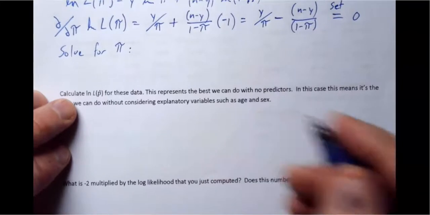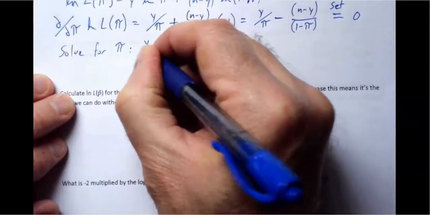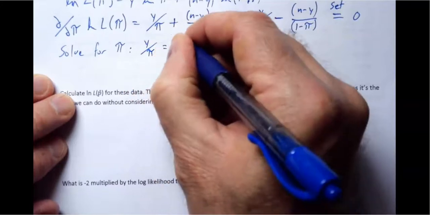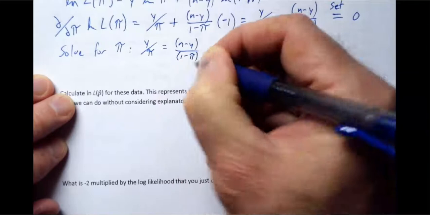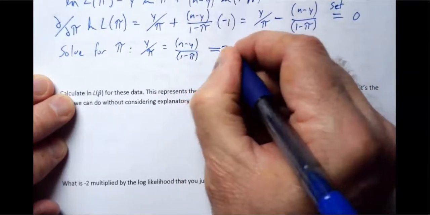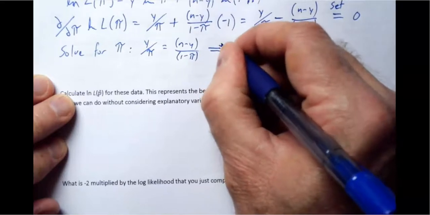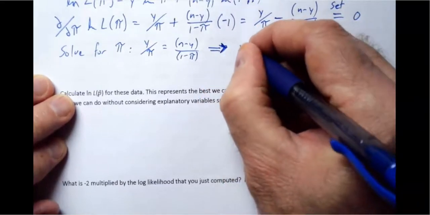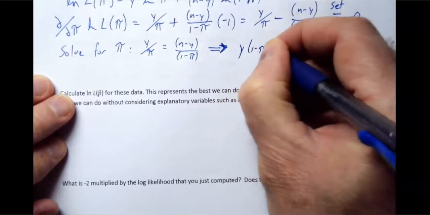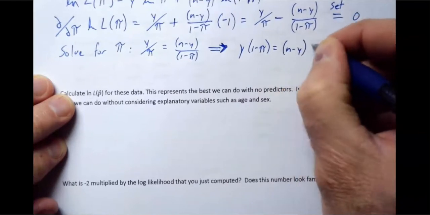This is algebra, right? y over pi equals n minus y over 1 minus pi, which means that y times 1 minus pi equals n minus y times pi.